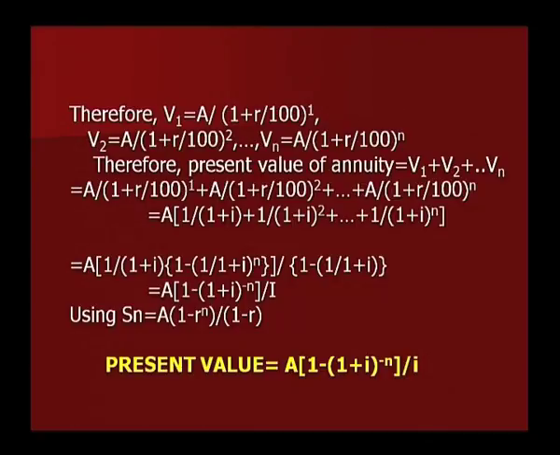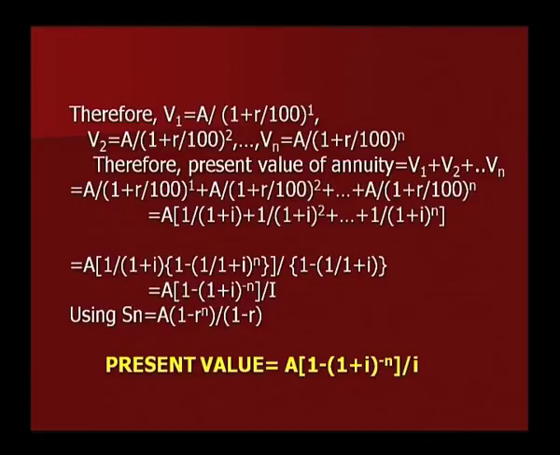A/(1 + r/100)^n, that is equal to A multiplied by [1/(1 + i) + 1/(1 + i)^2 + and so on + 1/(1 + i)^n], that is A multiplied by 1/(1 + i) multiplied by [1 - 1/(1 + i)^n] divided by [1 - 1/(1 + i)], that is equal to A[1 - (1 + i)^(-n)] divided by i.